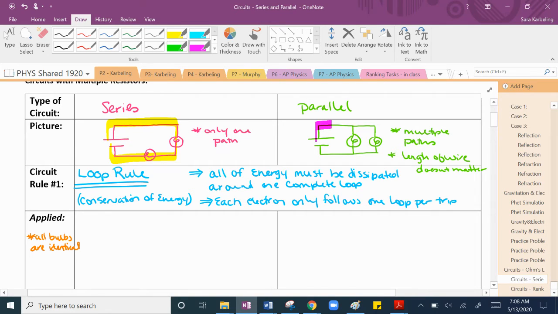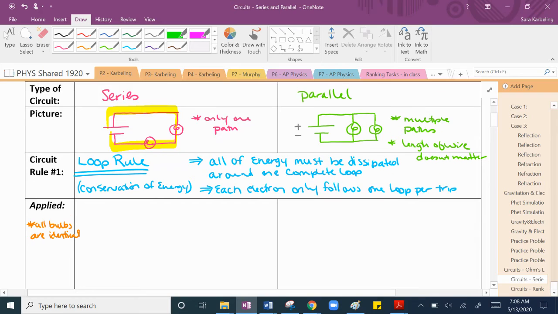It's not going to go up, go through here, and then go back this way because that would be going against the path, right? The path is saying go down. And so it's only going to go from the positive, that's the long side, to the negative, the short side. It's not going to go backwards, right? Oops, kind of lose some of my circuit there. Okay, so it's just an important thing to know.